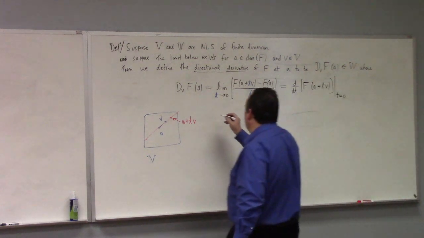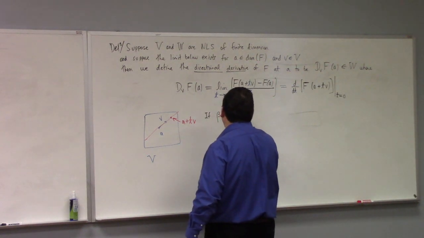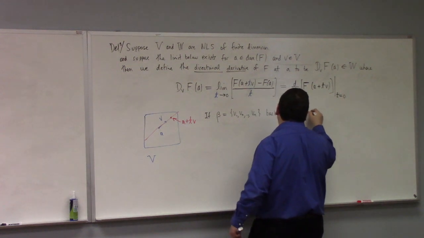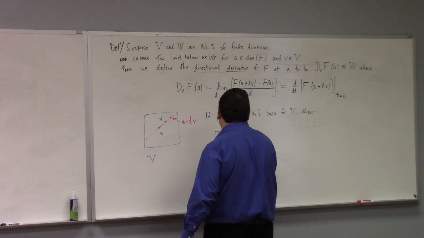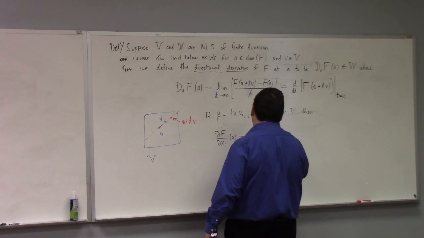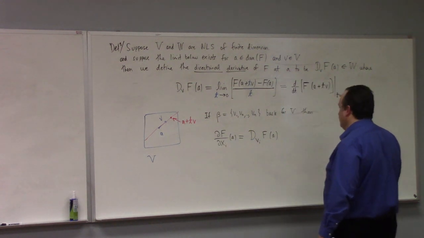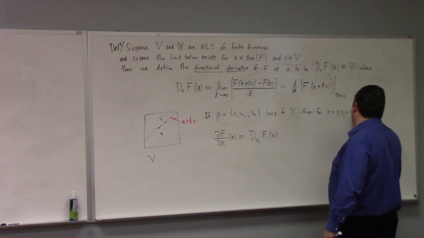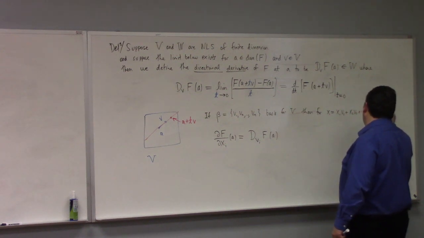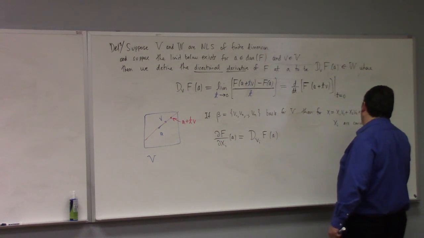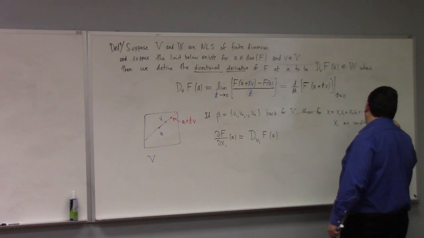Now, furthermore, if beta is, let's say, v1, v2, ..., vn, a basis for V, then we can define the partial derivative of f with respect to x sub i at the point A to be equal to the directional derivative in the vi direction of f at A. Here I'm assuming that x is equal to x1 v1 plus x2 v2 plus ... plus xn vn, so the x sub i are coordinate functions of beta.